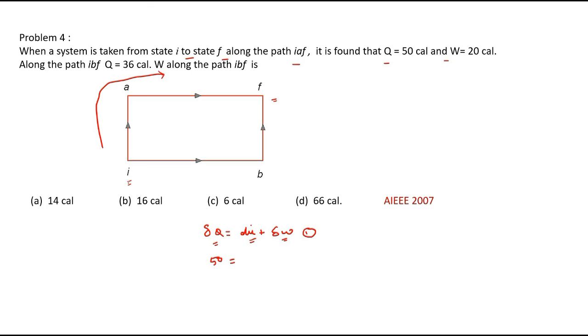one thing you should know: the change in internal energy is a point function. That means it does not depend on the path. Whereas delta Q depends on the path, so it is a path function. Delta W is also a path function.